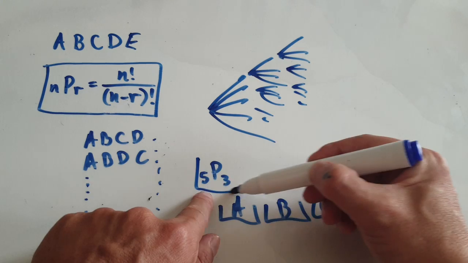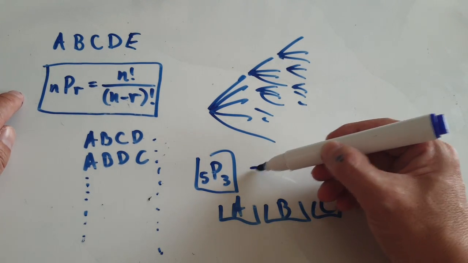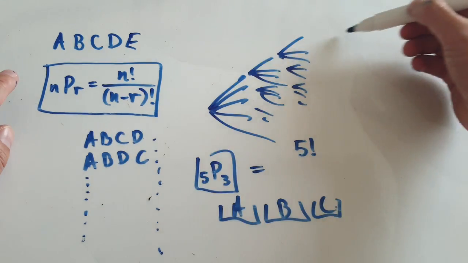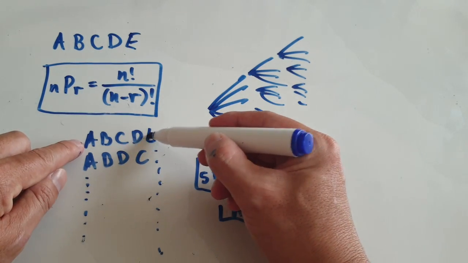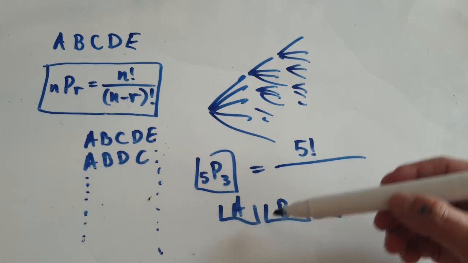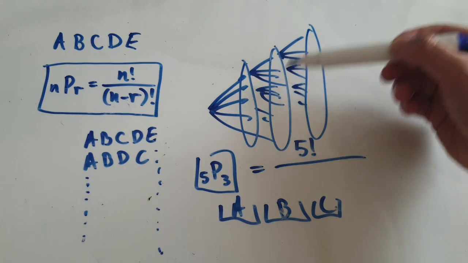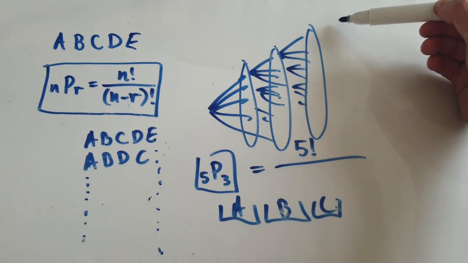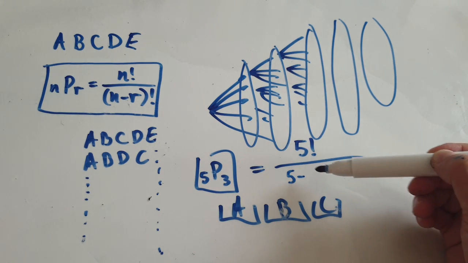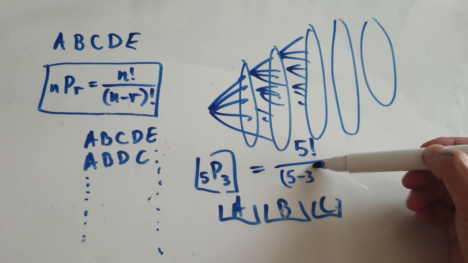So to work this out, 5 letters and 3 slots, in your mind you would do 5 factorial. That will list out all the possible branches and all the possible arrangements with 5 letters. And then, because you've got 3 slots, you want this column, this column, and this column, which is three columns here. But then you need to discard the other 2. So it will be 5 take away 3, that's this thing here, 5 take away 3 factorial.